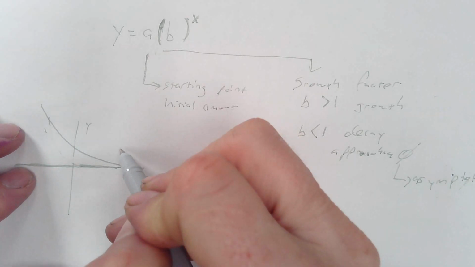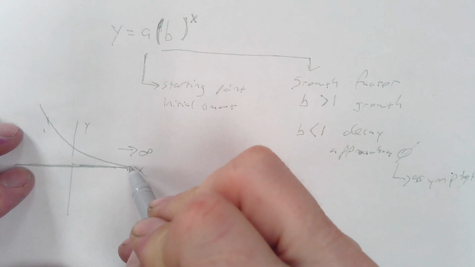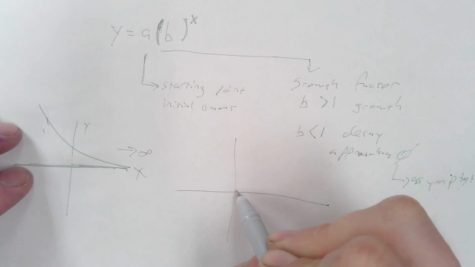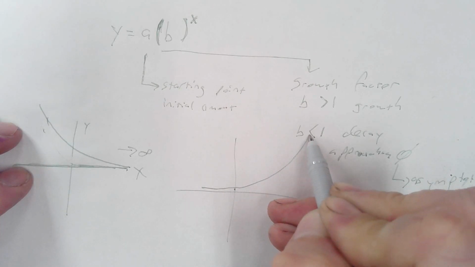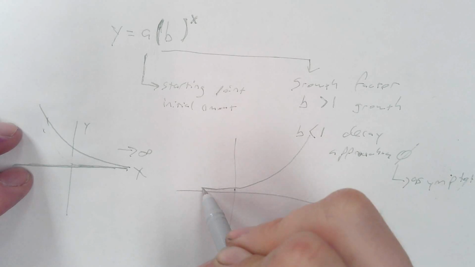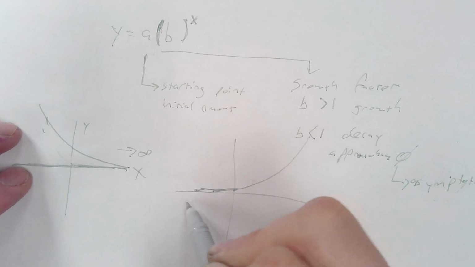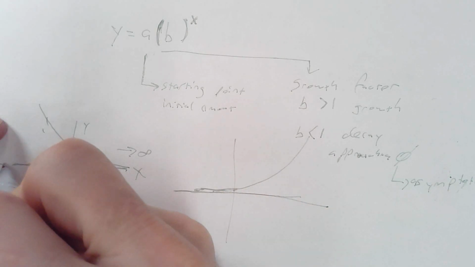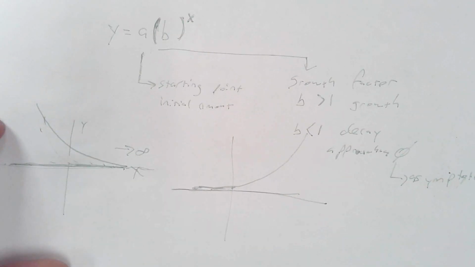So as x goes to infinity that way, y gets infinitely closer to 0. In a growth equation, it starts off almost negative and then goes up to infinity. So as x becomes smaller, y approaches 0. This is where my asymptote is, at y equals 0.